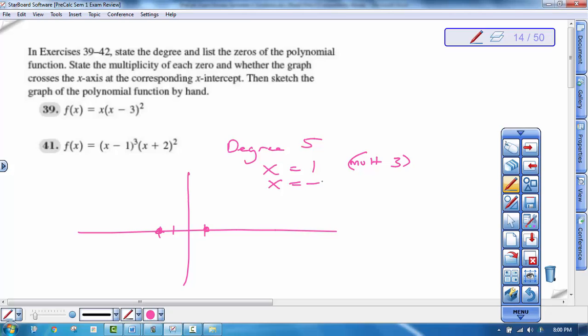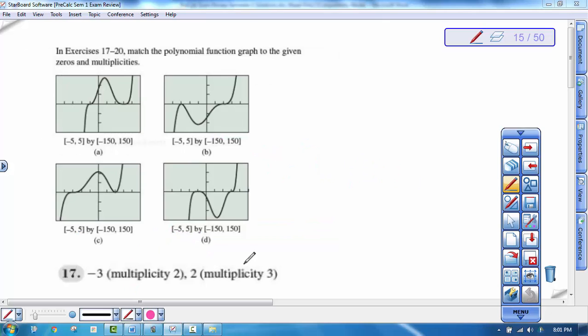And the zero at negative 2 is an even multiplicity of 2. I'm sorry, it's an even, so it means it touches and turns around. And then at 1, that's an odd multiplicity, so the function changes signs there. So it should look something like that.